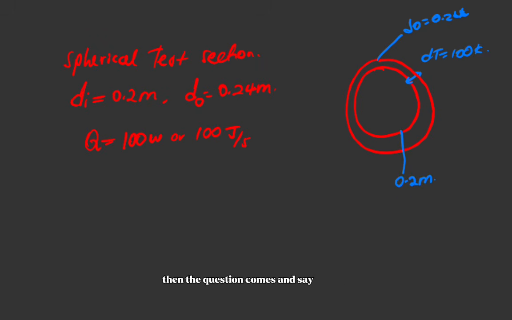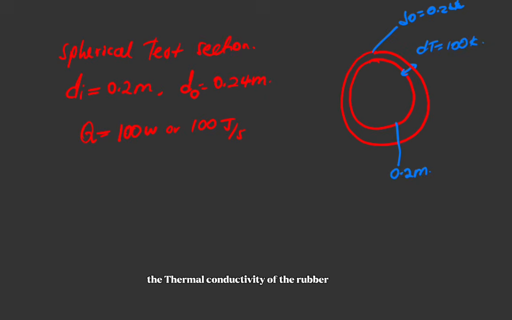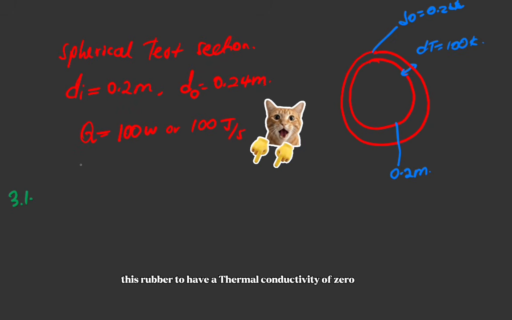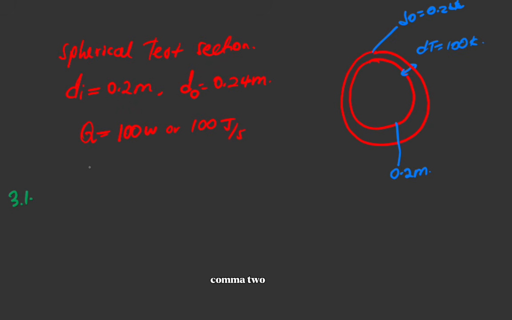Then the question says, estimate the thermal conductivity of the rubber. So let me just add something. Let's say the engineers want this rubber to have a thermal conductivity of 0.2.